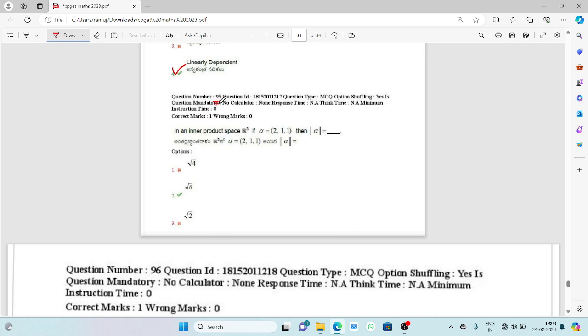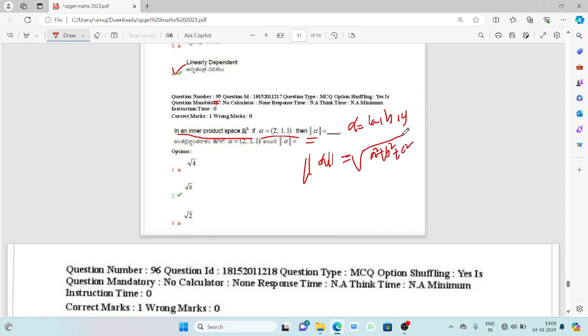And the 95th question is, in an inner product space R cube, he provided one alpha value, (2, 1, 1), and he is asking for the norm of that. This is a simple one. In general, whenever alpha equals (a, b, c), we need to find the norm, which is the square root of a square plus b square plus c square.